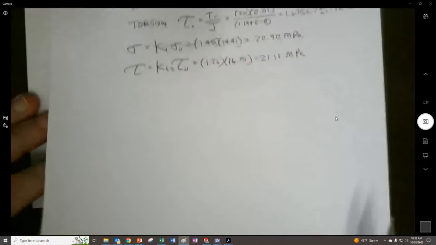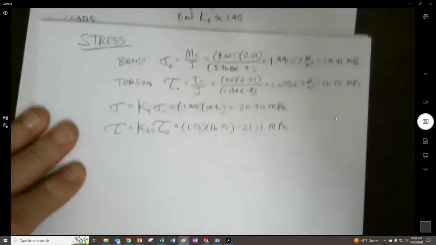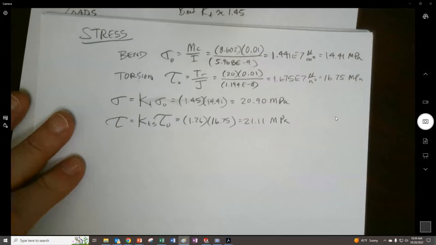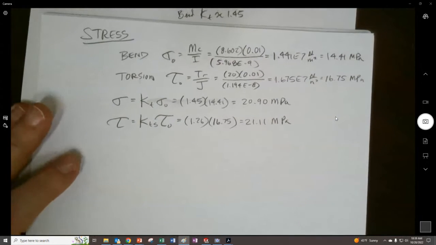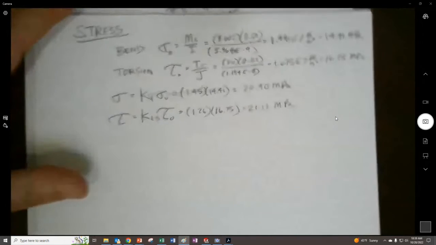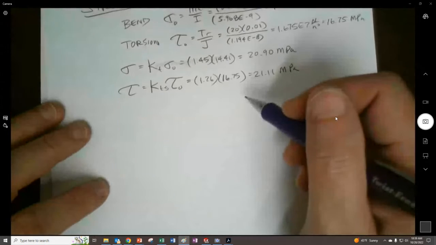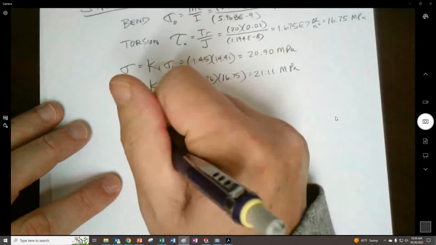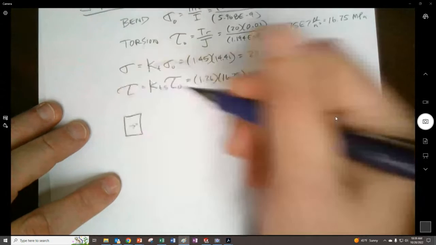When it comes to the brittle Coulomb-Mohr, we would actually want to maybe check both spots, but it's probably going to be the tension that's worse because the material is weaker there. But let's find the maximum shear stress theory and the distortion energy theory results. The best thing to start with right here is maybe to draw a little stress element.